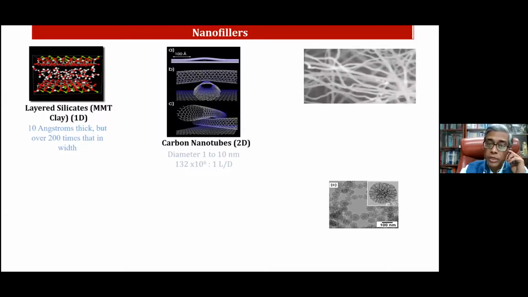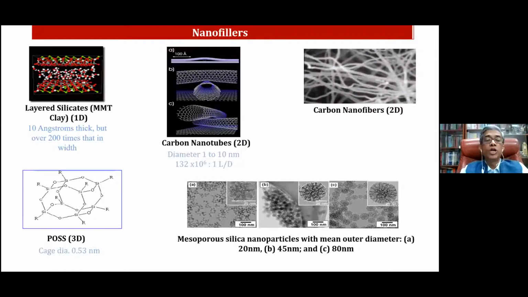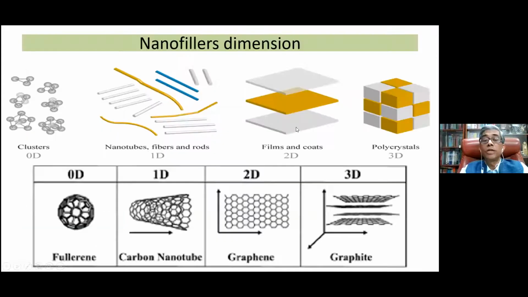These are different pictures of silicates, which are one-dimensional. You have nanotubes, which are two-dimensional. As I already said, the aspect ratio is very high for nanotubes, in the ratio of 10 to the power 6. Then there are some silica materials. Carbon nanofibers are becoming very common, and silica particles are being commercially exploited quite a bit.